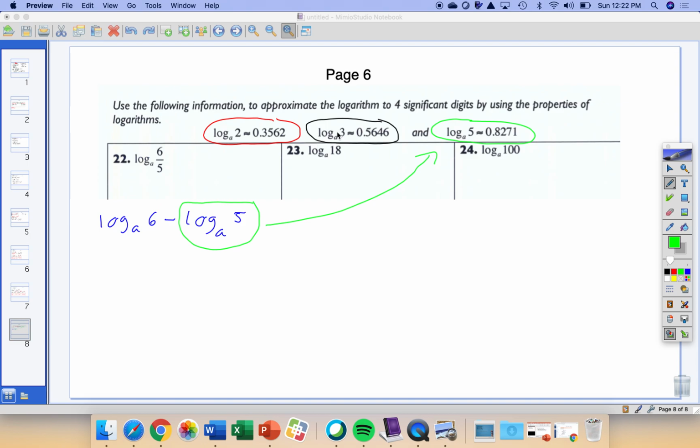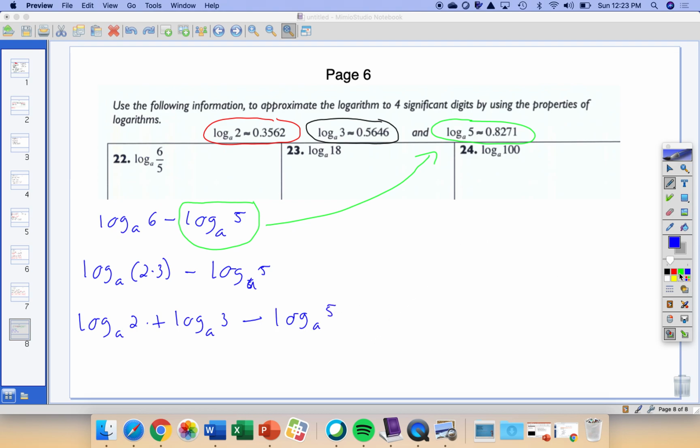Log base a of 6, I don't see log base a of 6 up here. However, log base a of 6 is just 2 times 3. So if I rewrite 6 as 2 times 3, log base a of 2 times 3 minus log base a of 5. 2 times 3 is log base a of 2 plus log base a of 3 minus log base a of 5.